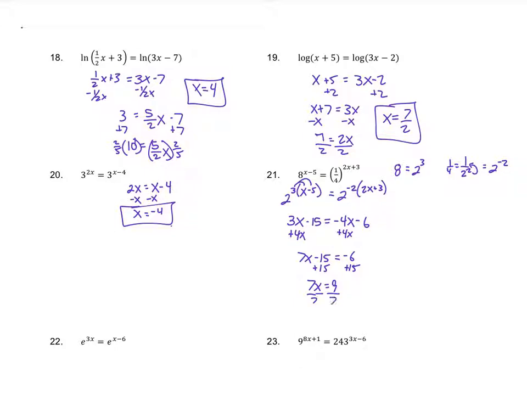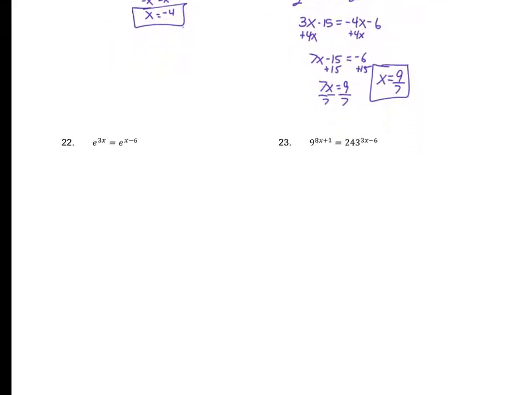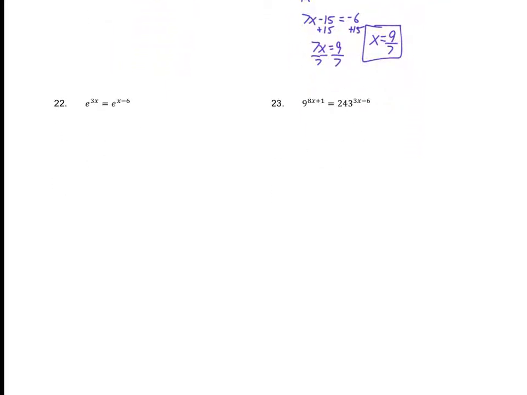Divide by 7. X equals 9/7. Number 22, we have bases that are the same, so we can go 3x equals x minus 6. 2x equals negative 6. Divide by 2, and x equals negative 3.